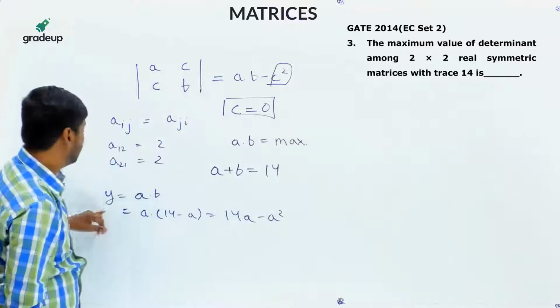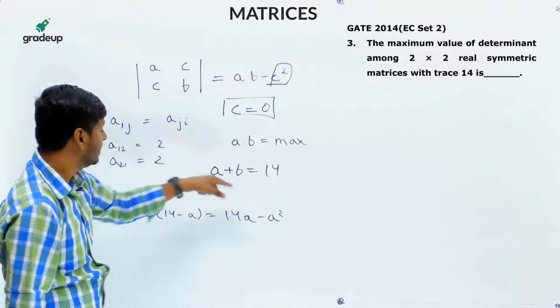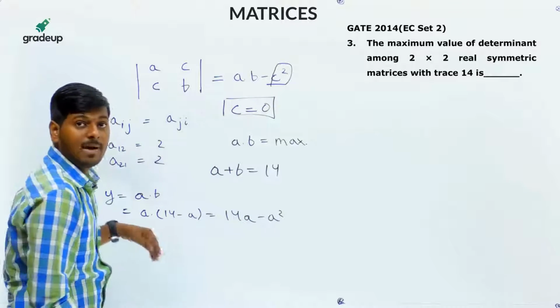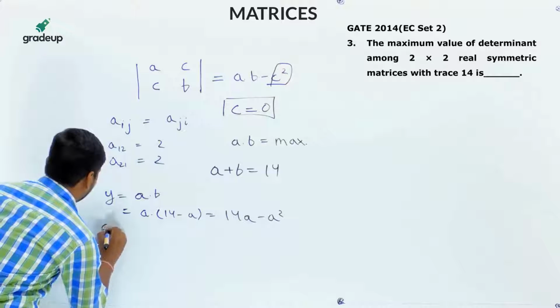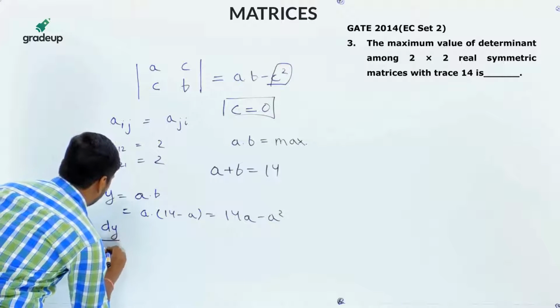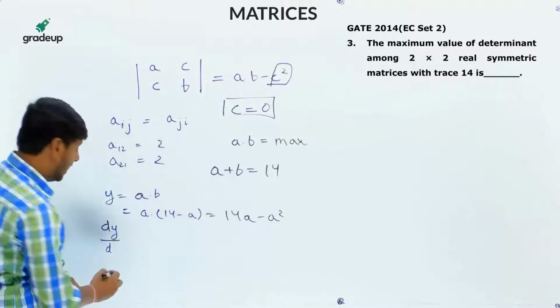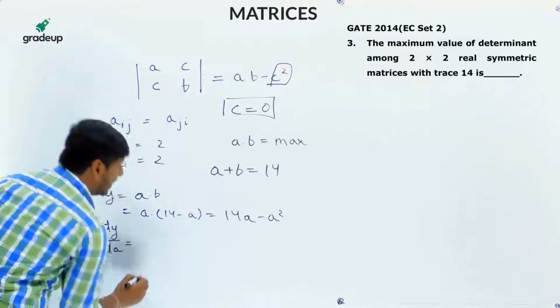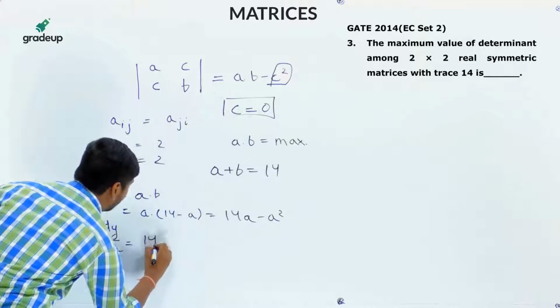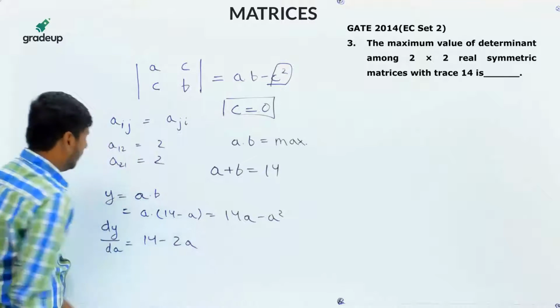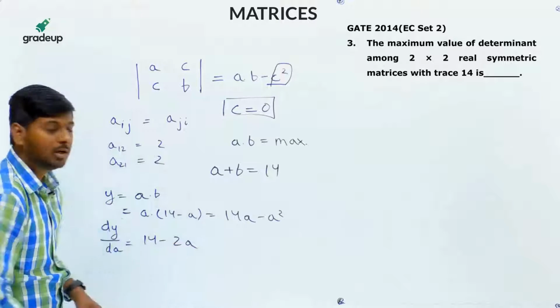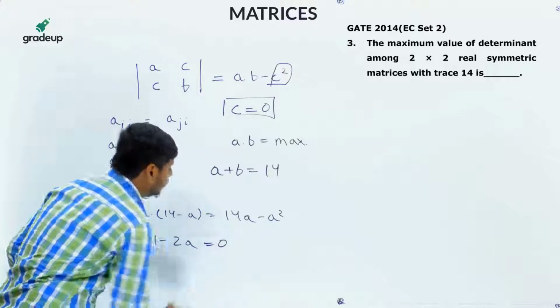Now we have to maximize A into B, so we have to maximize Y. To maximize Y, we need to find the differentiation of Y with respect to A. dY by dA is equal to 14 minus 2A. Now we equate it to 0.